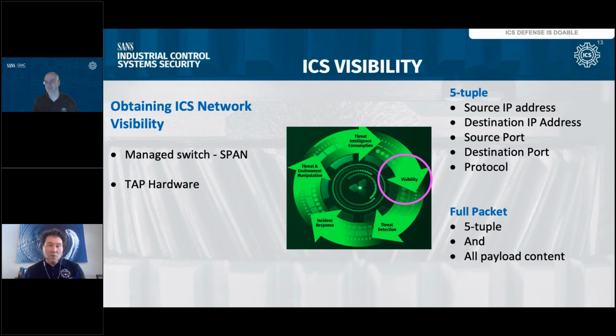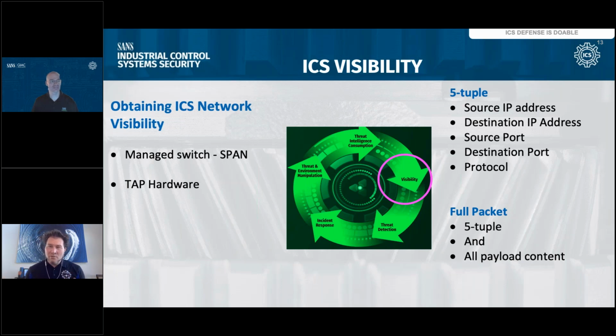Now, if you're thinking, okay, that's a lot of data, you have two options. One, a full packet capture, which is everything in the packet, the full streams with the payload. Huge advantages because you're getting things like malware samples inside the PCAPs that could be flying around your ICS as an example. But if you are concerned when you start off network security monitoring and visibility, the 5-tuple is a great place to start. I always get these questions, right? Well, if we can't do full packet capture, what's the value?